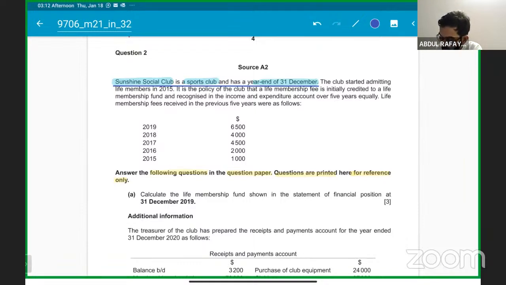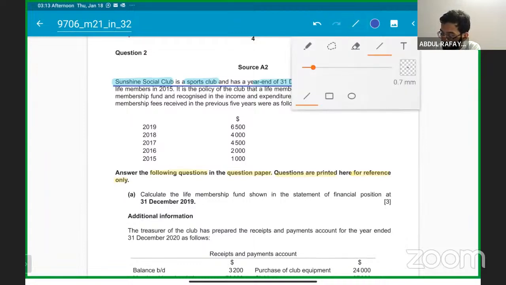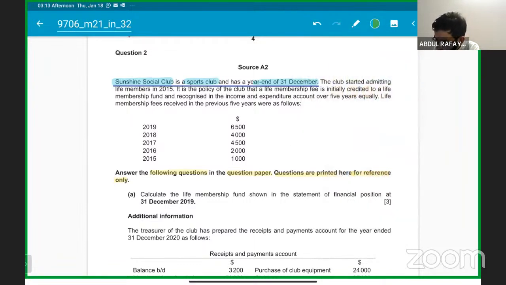The club started admitting life members in 2015. So there is a life membership, students, which is an income from a long-term perspective. Some clubs offer life membership to their members: instead of paying the subscription fee every year, you can just go with the life membership fee. Everyone following?